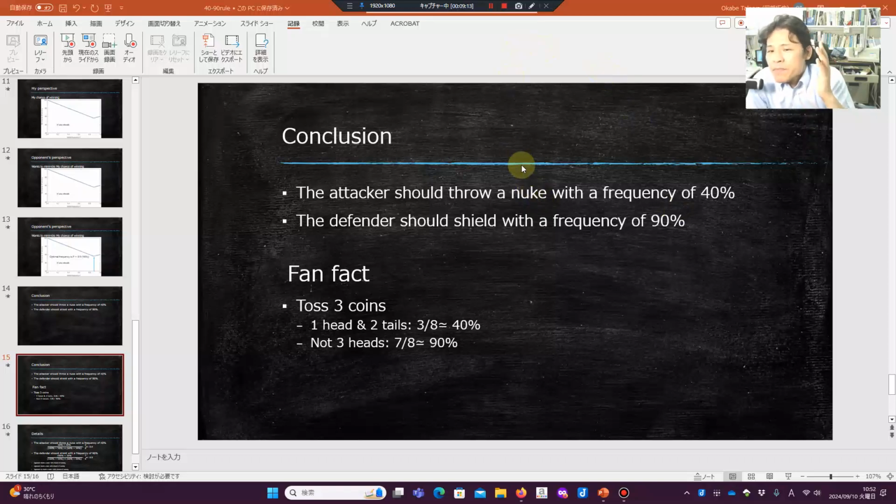From the defender's perspective, if you get 3 heads, then it's your time to not shield. And from the attacker's perspective, if you get 1 head and 2 tails, then you should throw a nuke move.